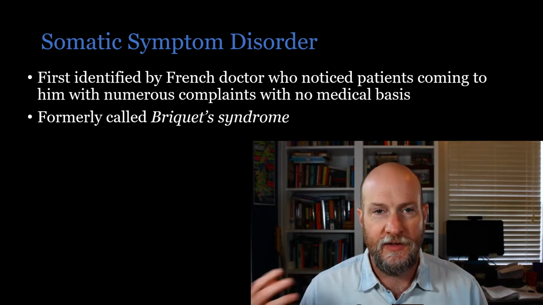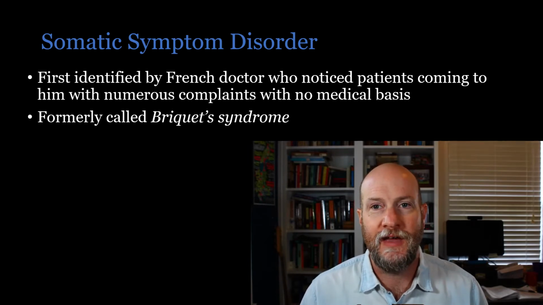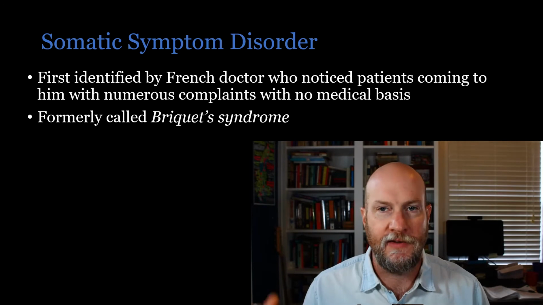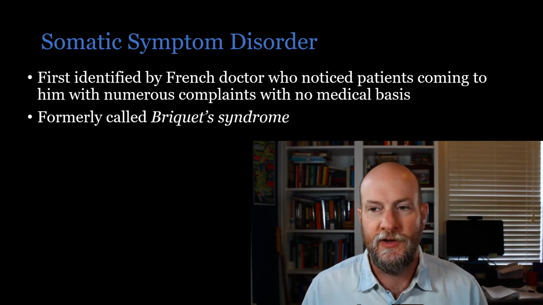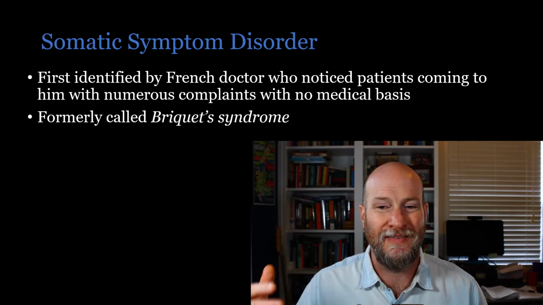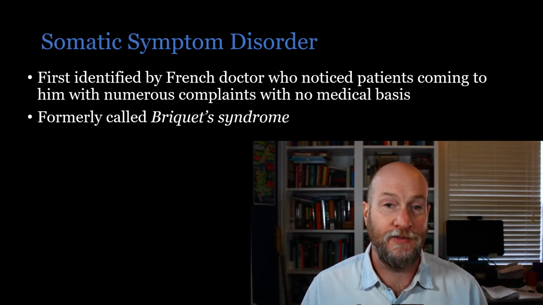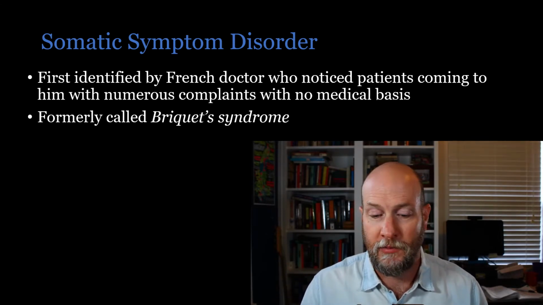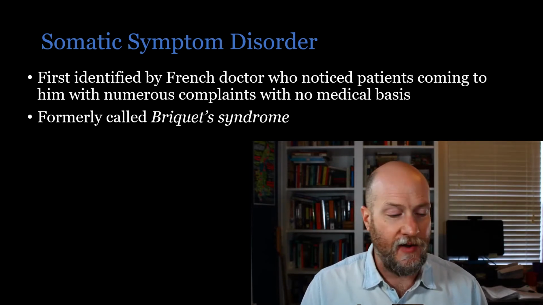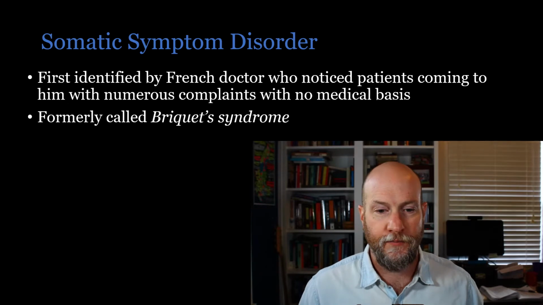So one of the iterational changes was the idea that requiring the person to have, say, 4 of 8 of these physical symptoms was creating a situation with lots of patients who had subsyndromal diagnoses. Perhaps they present with 1 or 2 or 3 symptoms and don't meet that threshold, but clearly are still suffering from something that's causing them problems. So as a result, there was a change made in DSM-5 to allow for only one symptom.